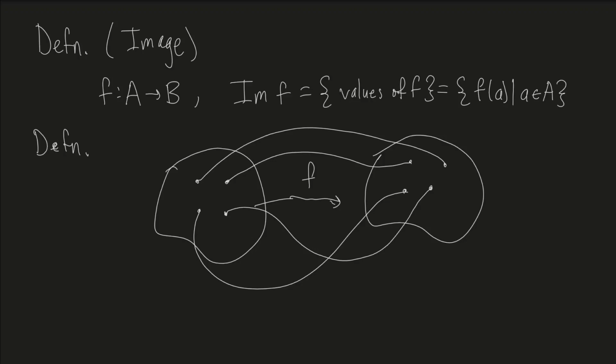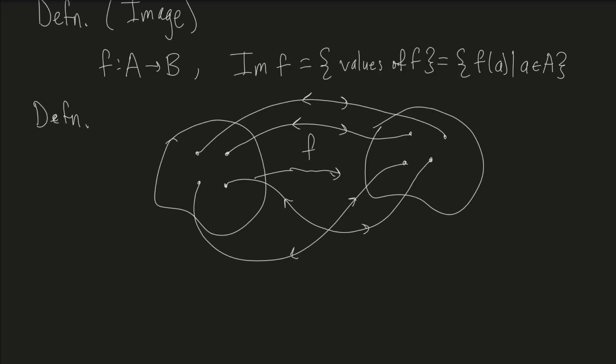And so if there's information about the elements of A, that then gives us information about the elements of B, and that information is preserved. So if we can go this way, and our function has this property, we can also go back from our values of the function. Okay?